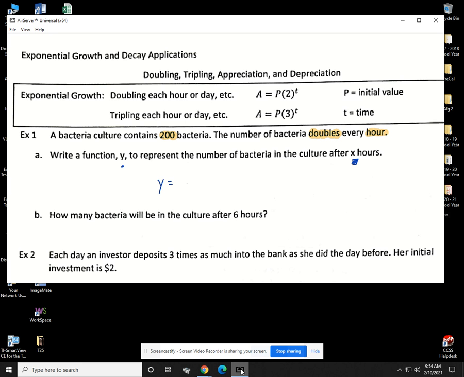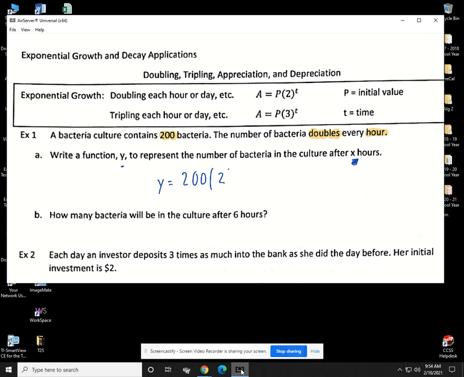All right, so let's see the rest of it. What's my P value? What does P generally represent? The control. Not really in this case. I guess it's like the base value, the original value, yeah, right? The initial amount. In this case, that initial amount is 200.